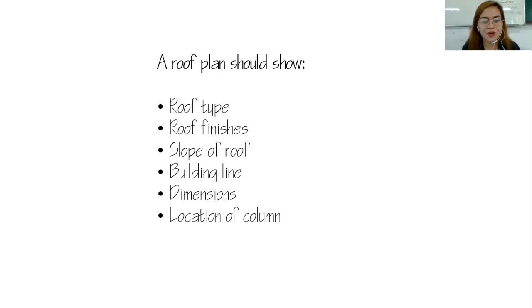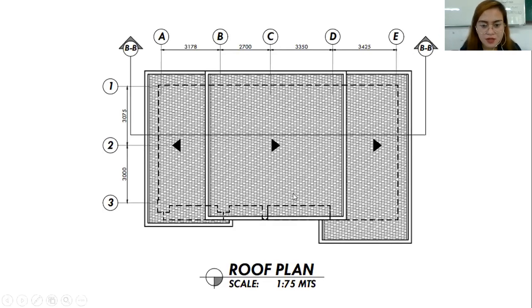So another one would be the slope of roof. So I think you already know this one as well. So the slope, you just need to indicate which area or which part is it sloping.